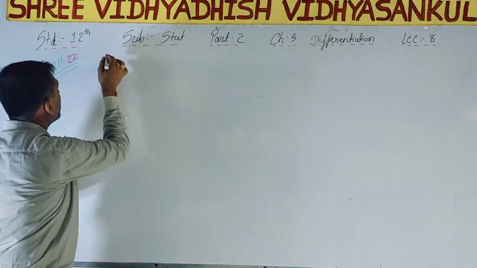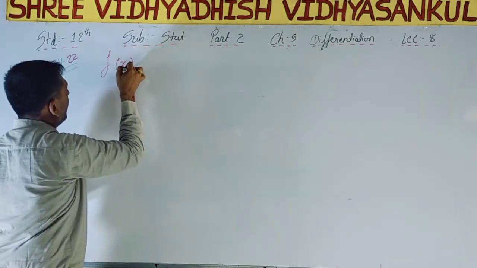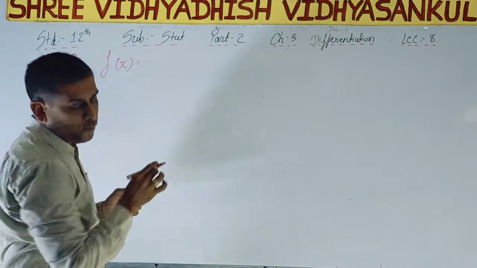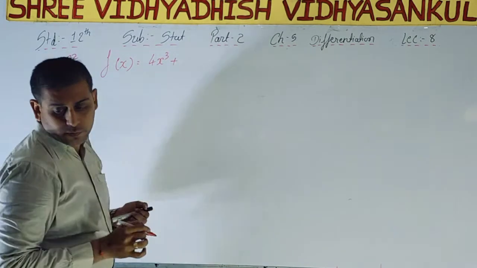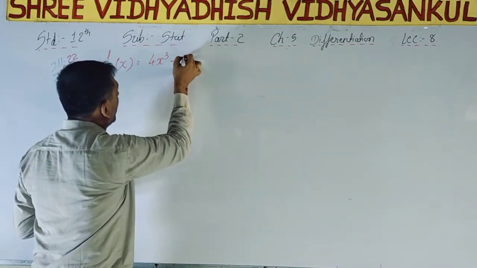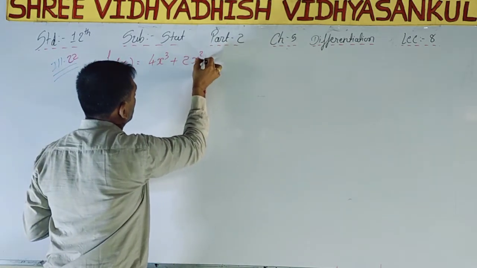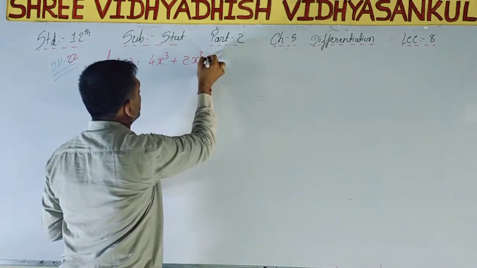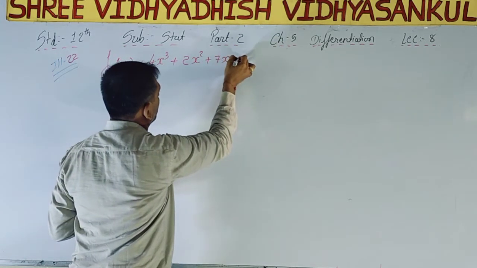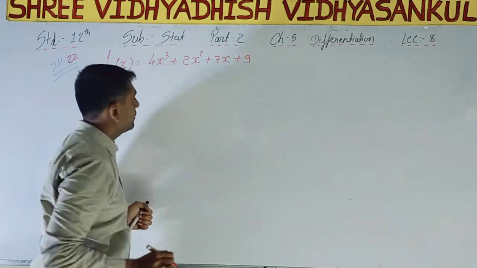See, the function is given: f of x is equal to 4x cubed plus 2x square plus 7x plus 9.